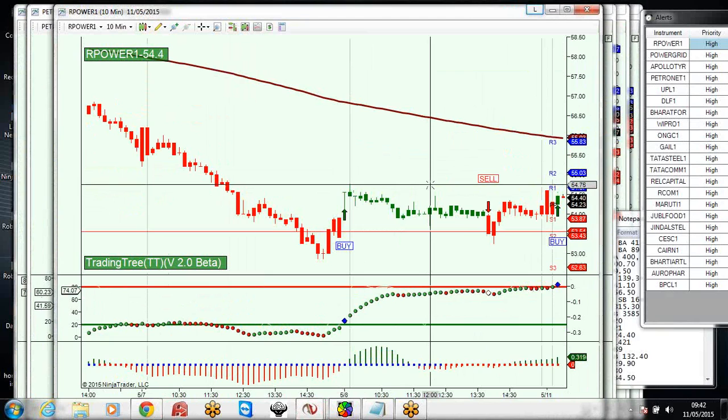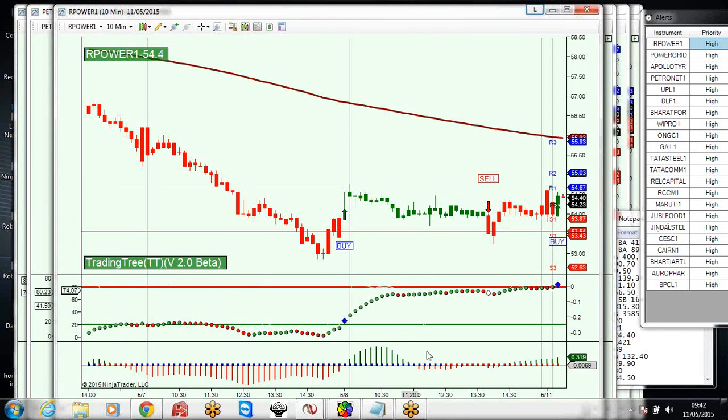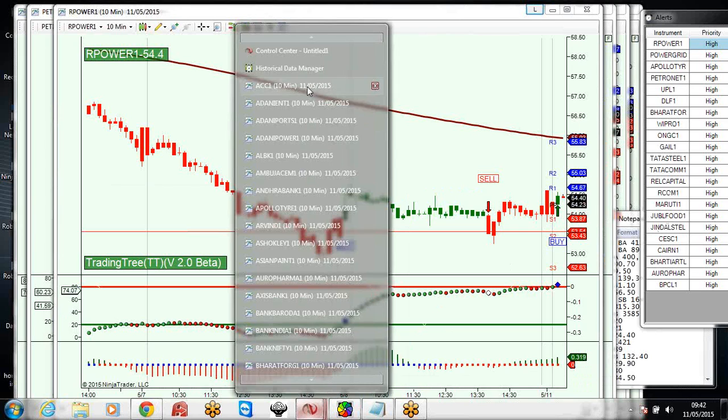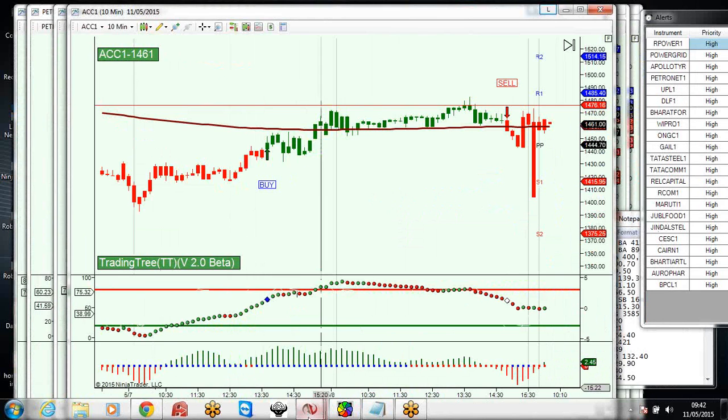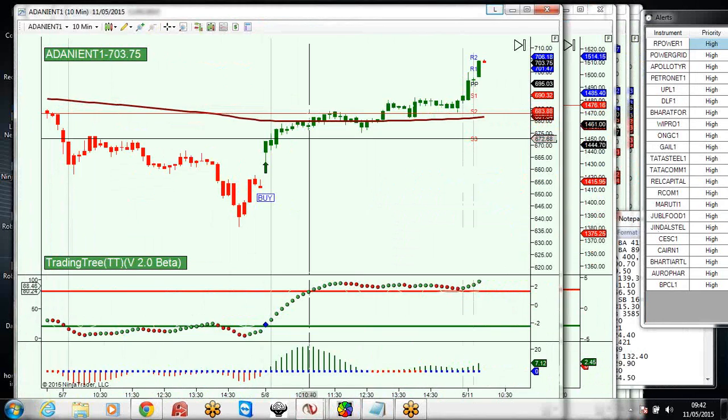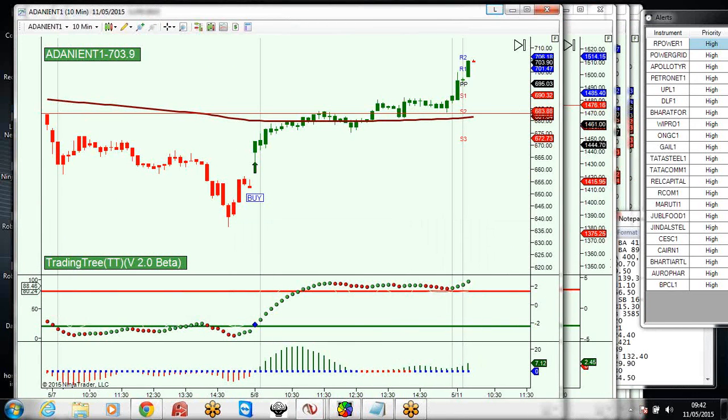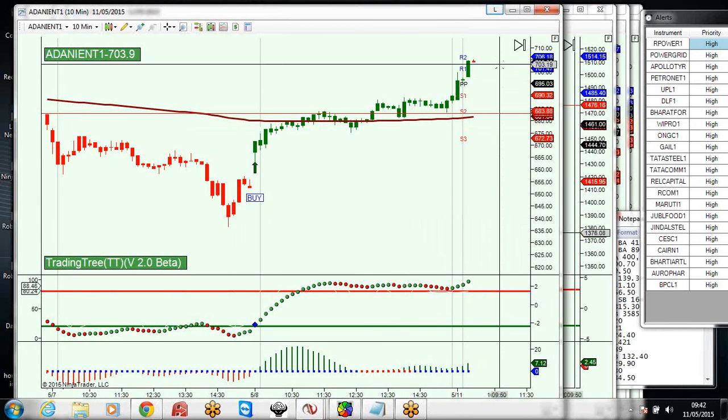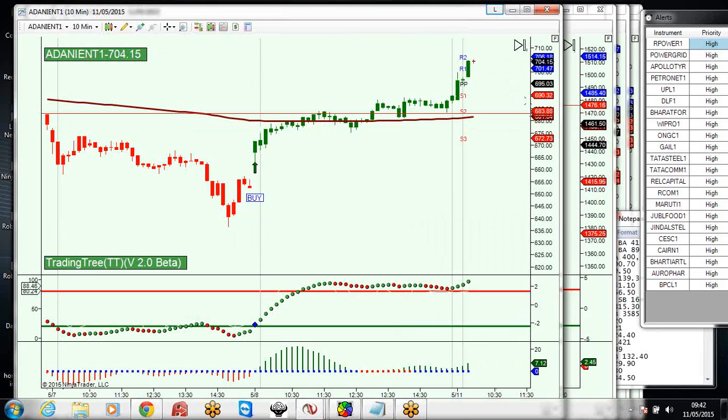You can buy Petronet above 54.75. So the target 1 is done and the target 2 is 706. That is for Adani Enterprises.